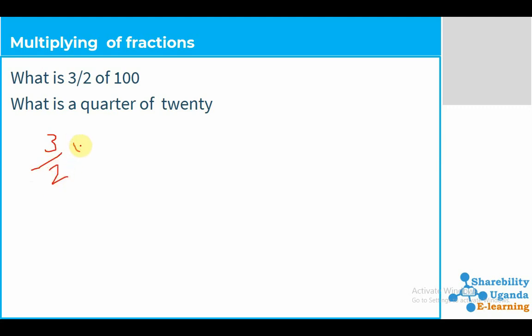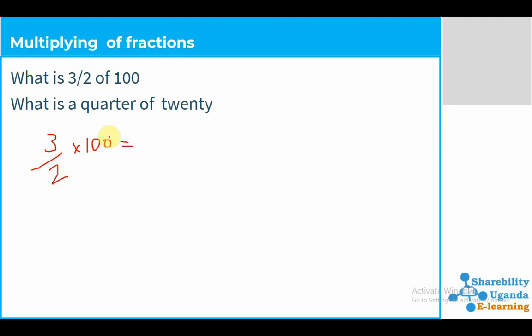We said "of" means multiplication. So here I shall be able to say this is 100. You can see here they have given us a whole number, which is not a fraction, but they want us to do some multiplication.